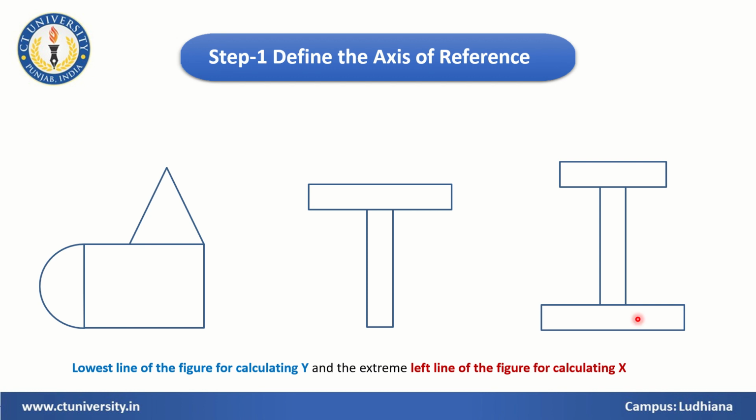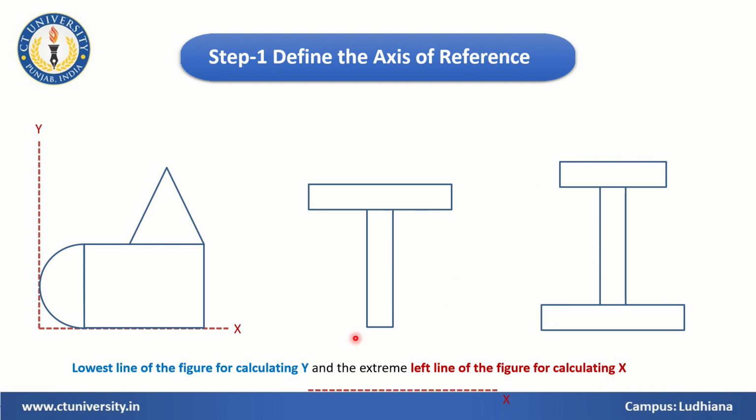So let's see a few more figures, how to find the axes of reference, or your step 1. For the first figure, here you will have the lowest point. So this will be my first axis, and this will be your second axis. Similarly, we have some engineering shapes, T section or I section.